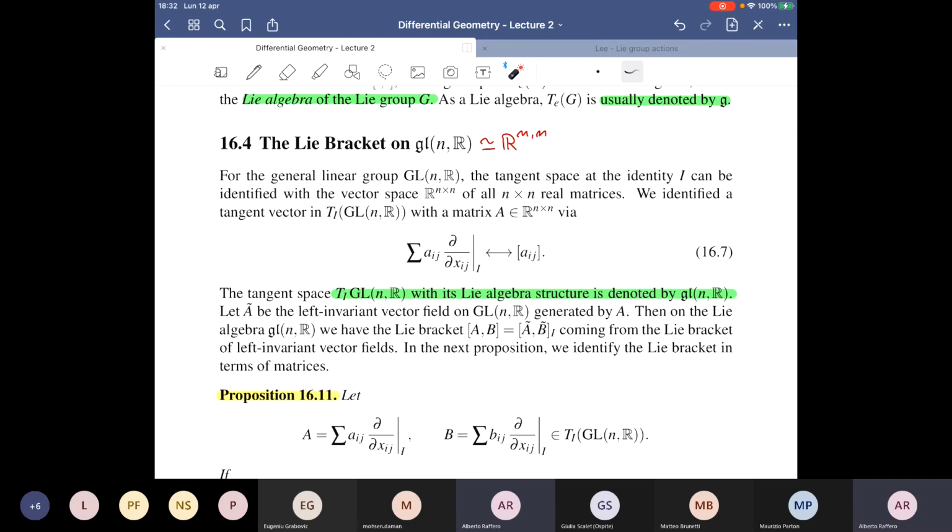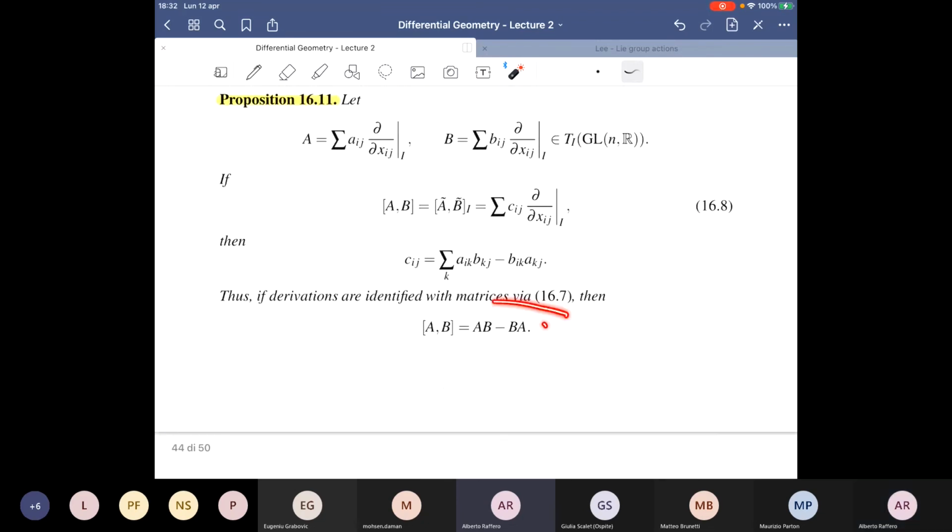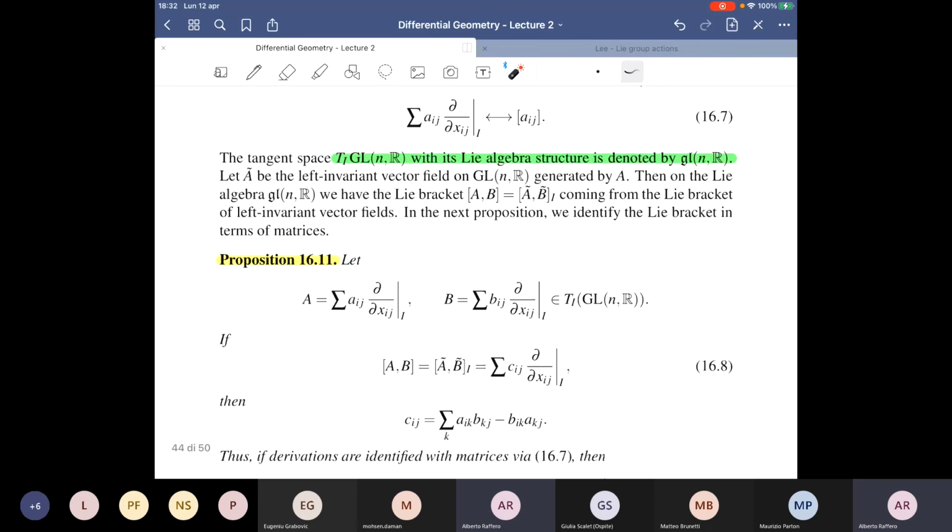After some computations you can show that the bracket defined on the Lie algebra of the general linear group is nothing other than the bracket between matrices. So the bracket between tangent vectors at the identity to the general linear group is just the bracket between these two vectors seen as invertible matrices. So this is the result associated with this last proposition.